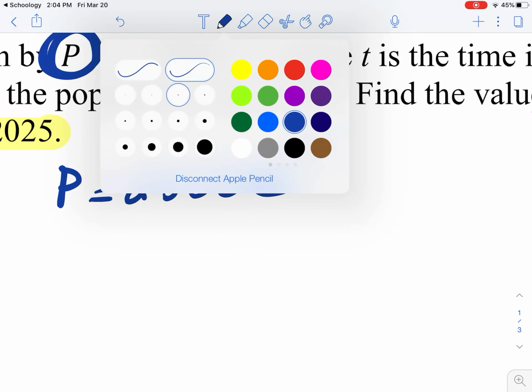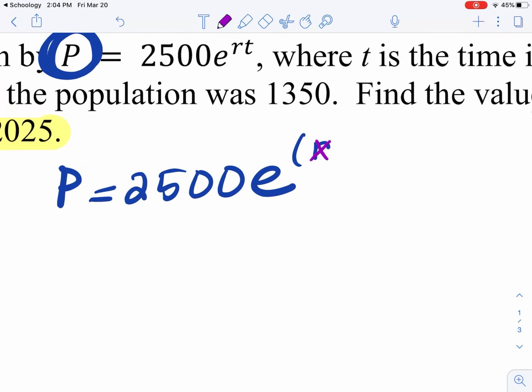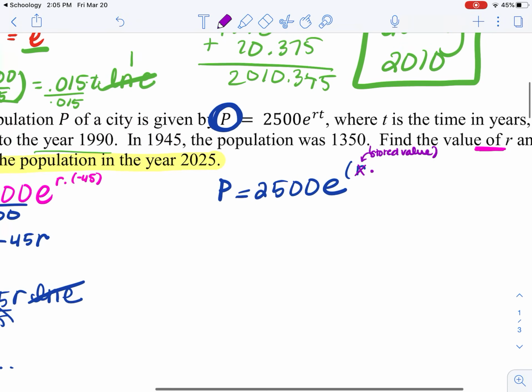So what I'm going to do is put R here, but I'm then going to cross it off and put X, the stored value. Now, you don't need to write that down every single time, but it's just so that you know that's what it is, times my time. So I want to know what's the population in 2025. That is 35 years after 1990, so I'll put a 35 there.